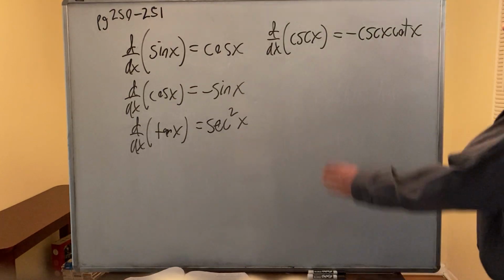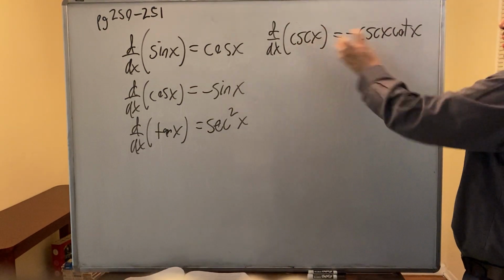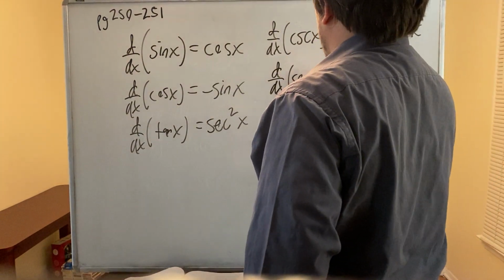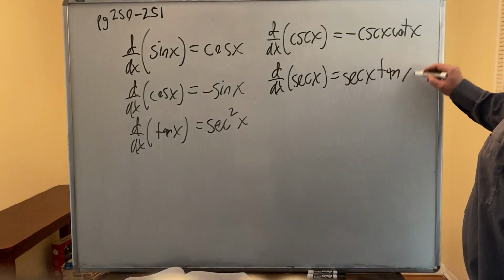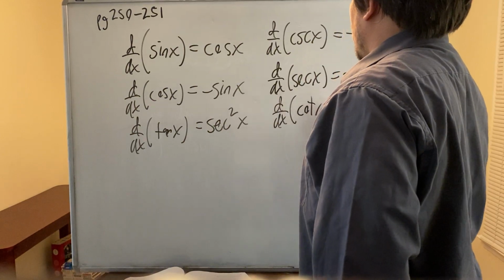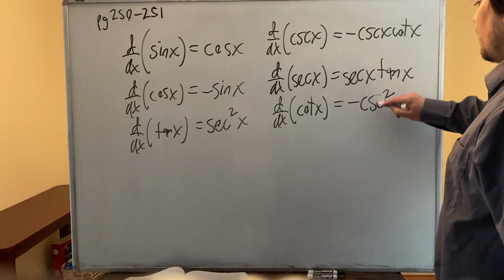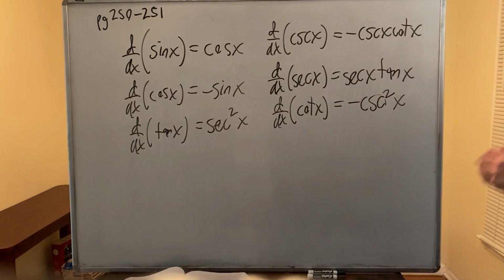And so you might be wondering why we took the antiderivative before cosecant. That's why we got something. Now this is the derivative, which is that. d dx of secant x is secant x tan x. And d dx of cotangent x is negative cosecant squared x. Okay, so these are 6 derivative formulas that you should know.